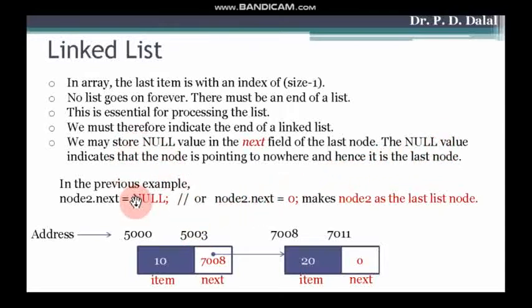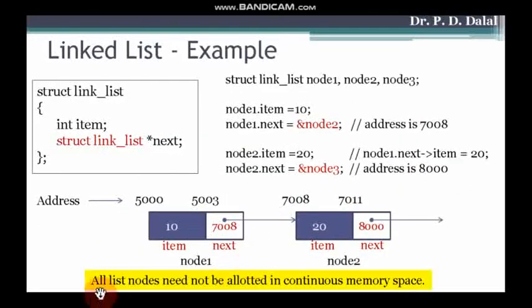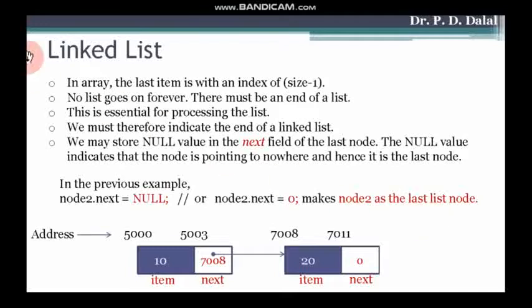So if we go like this, node 1 next will have the address of node 2. Node 2 next pointer will have the address of node 3. Node 3 will have the address of node 4, node 5, node 6. Suppose node 6 is the last node, then we will store a null value in the next pointer of the node.